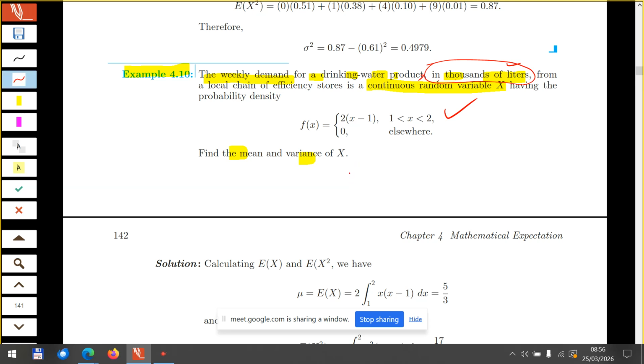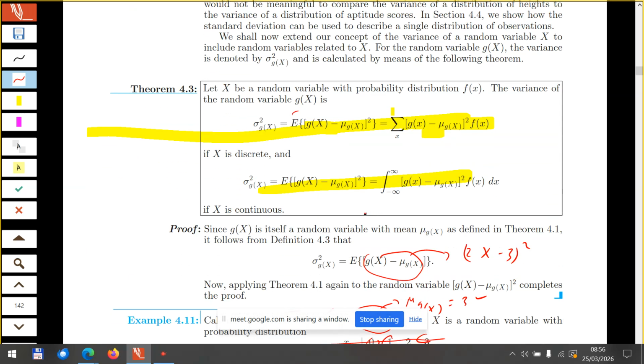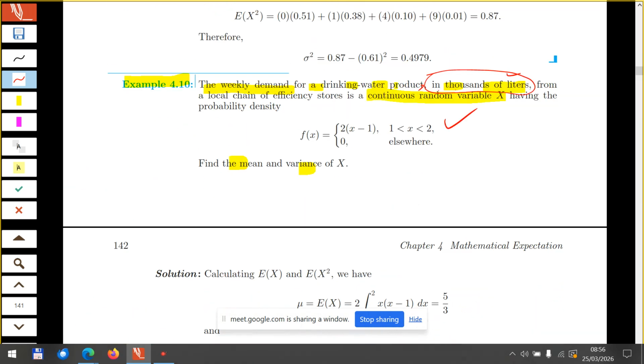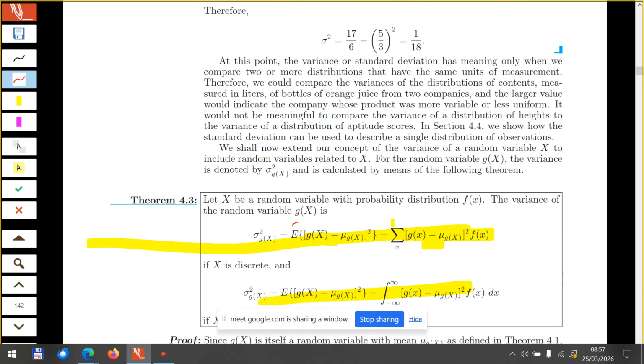But this time, let's say we use the same function, this function, 2x plus 3 there. So let's say in this example, we are not interested in the mean and variance of x, but we are interested in the mean and variance of 2x plus 3. That is our g of x, right? So what do we do here? We need to make sure that we use this formula, right?